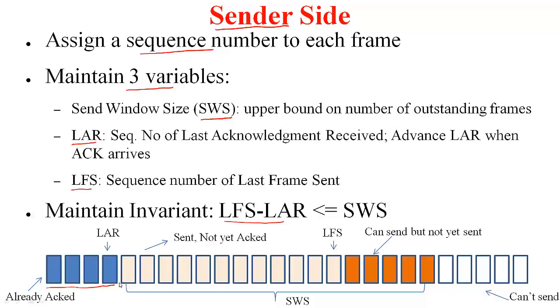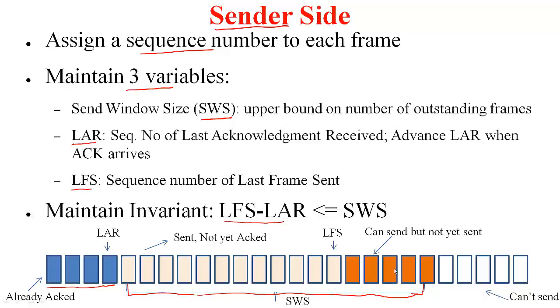So until this point, the receiver has already acknowledged the packets. So these are all fine. These are the packets that you can potentially send, all the way from here to here. But out of these packets, this is the window size. Out of these, you have only sent until here. You didn't send these packets.